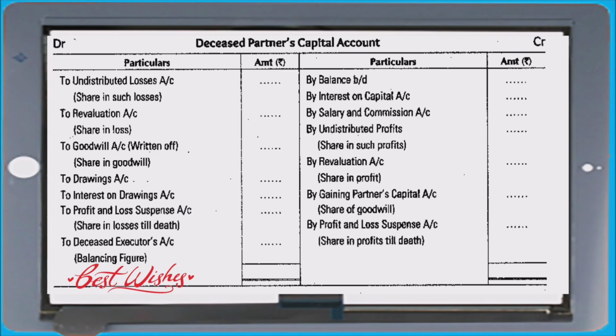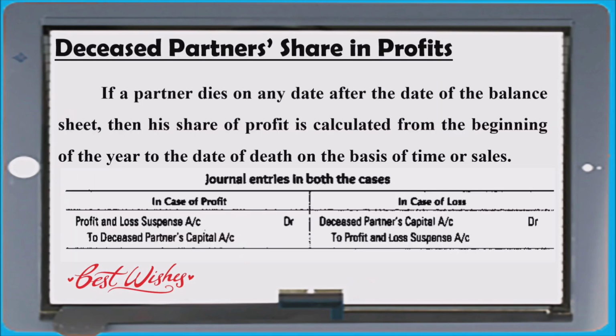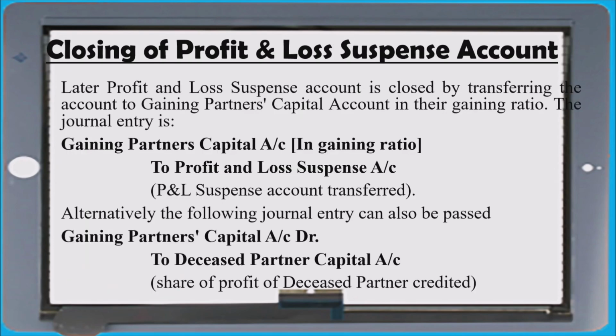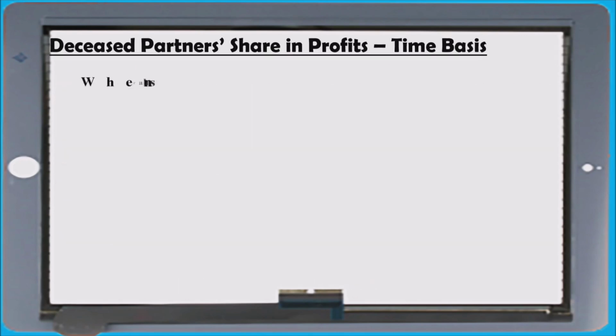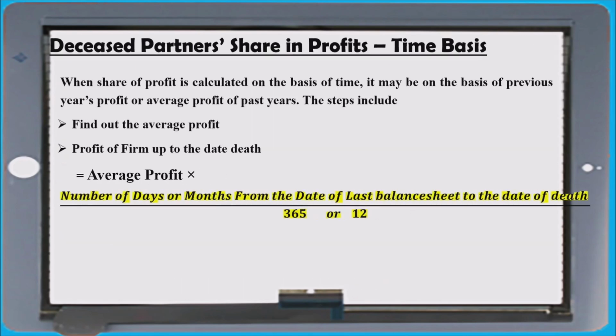And you have to remember, every time the profit and loss suspense account is the account we are opening to record the amount or share of profit of the deceased partner. This is the entry we write for that. And please remember that account will be closed. We are using 2 methods for the calculation of the share of profit.